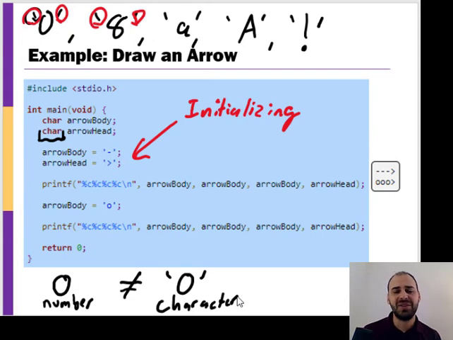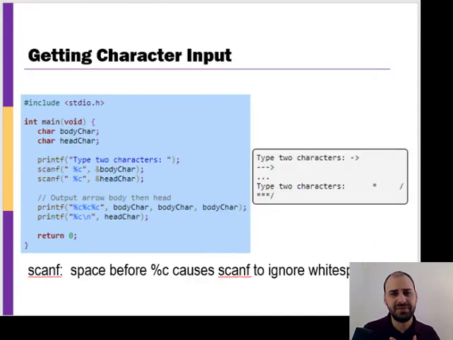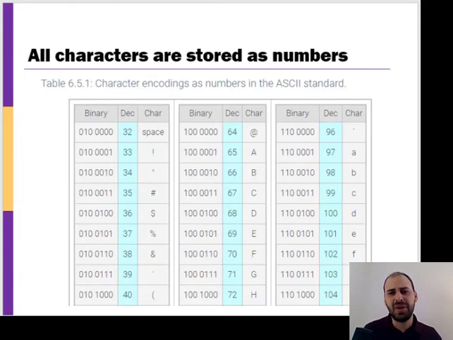Don't get carried away with that. So here's just an example of declaring and initializing characters. I'm not going to get too carried away with this. We'll come back to how we can print them out and read in characters from the user. I really want to mostly emphasize this point here.